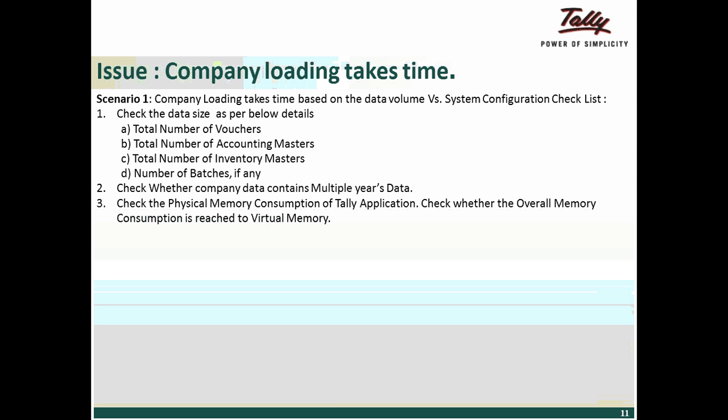For example, assume a customer has a system with 1 GB RAM using a Windows 7 operating system. Windows 7 itself will occupy 512 MB, so the remaining is 512 MB.